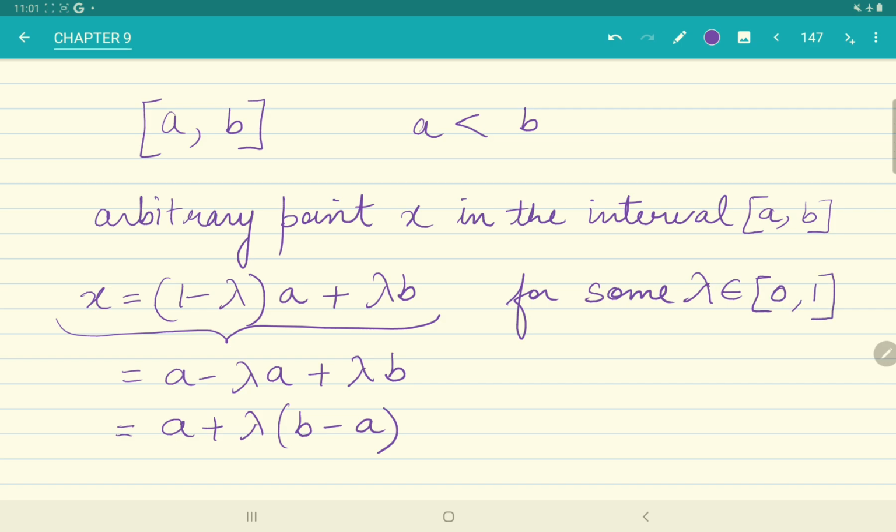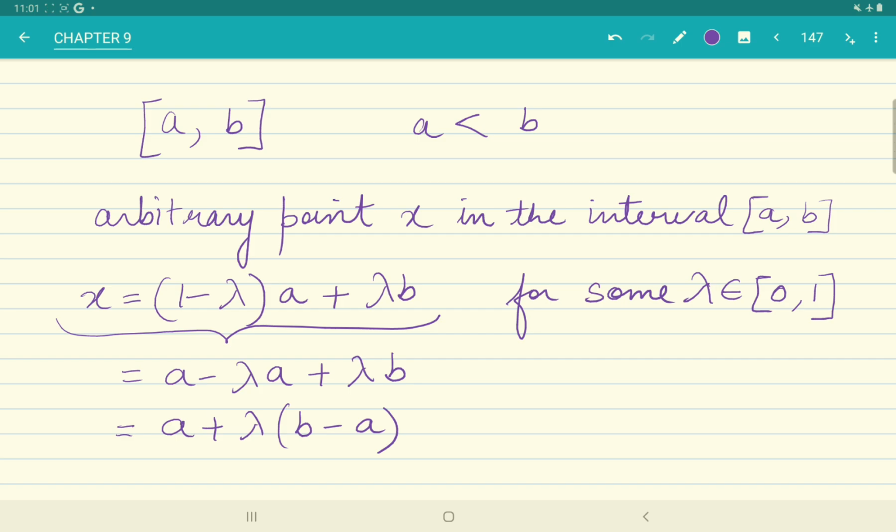Why do I say this? Because let's say lambda is 0. If lambda is 0, then x is a. If lambda is 1, then x is b.